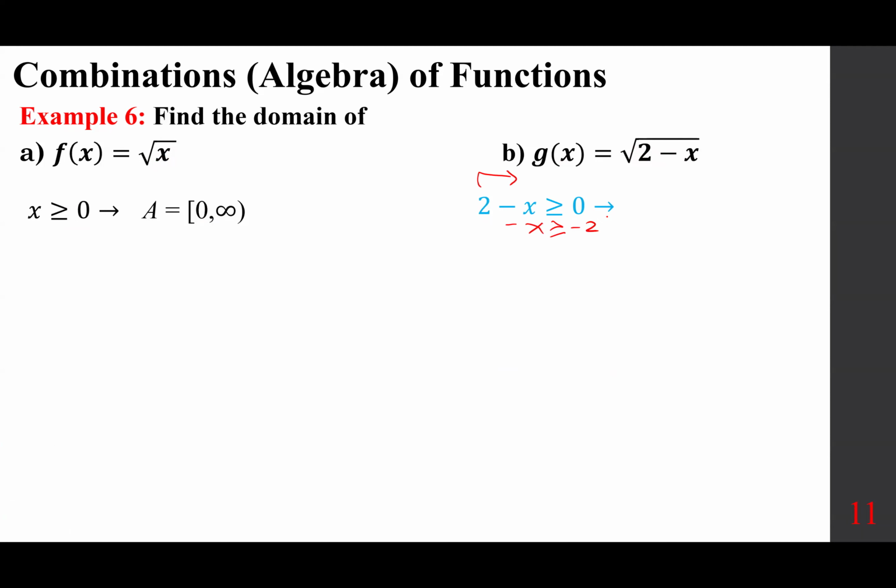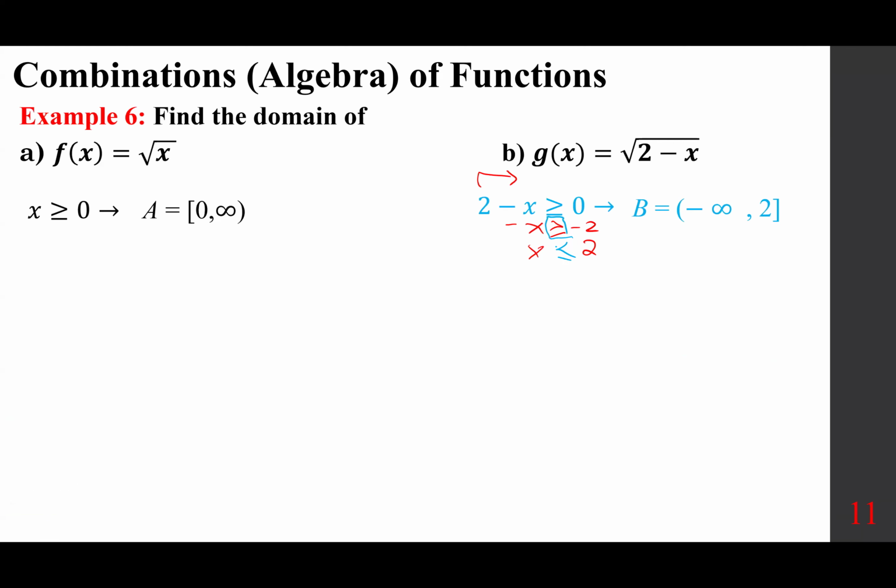And if you multiply by negative, you get x here, you get positive 2 here. Whenever you divide or multiply by negative, you flip over the sign. And the domain is from negative infinity to 2.